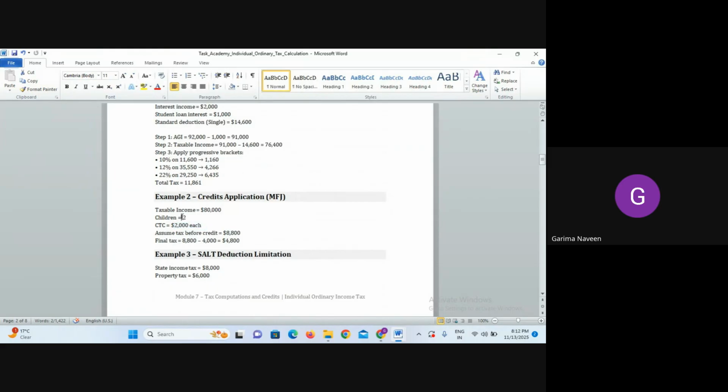Since there are two children, you can get $4,000 of child tax credit. Since credits are directly deducted from your tax liability, first of all you will calculate your tax liability and then deduct these credits.